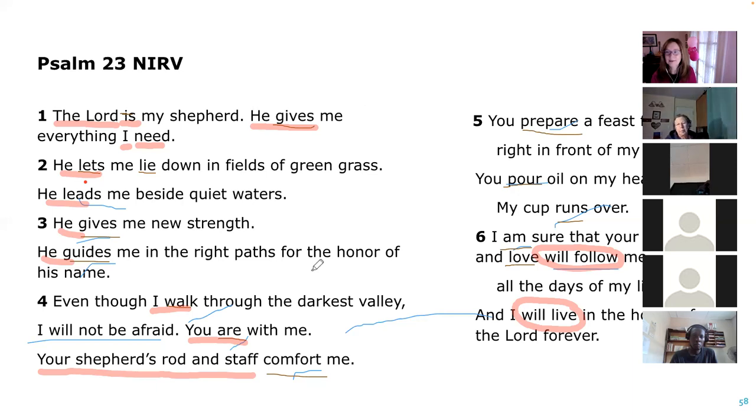We can then ask our students, so how has the Lord acted as your shepherd? Do you feel the Lord leading you? When has he led you? When has he given you strength? When has he provided everything you need? And they can start talking about personal examples in their life.